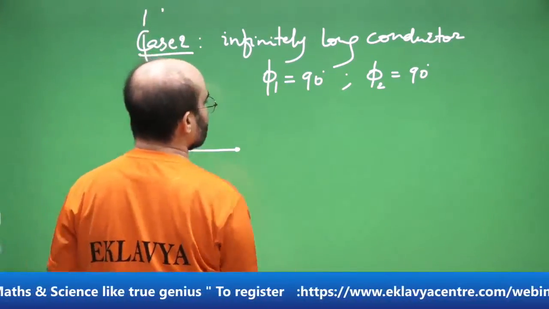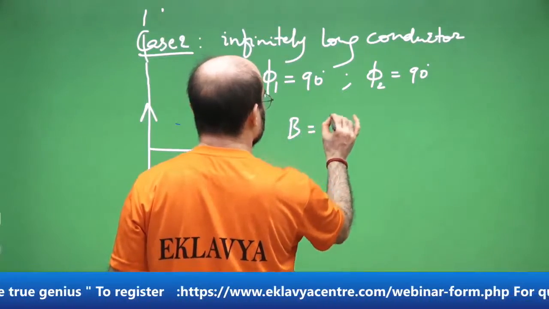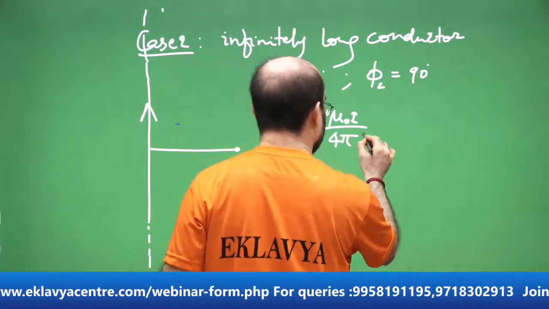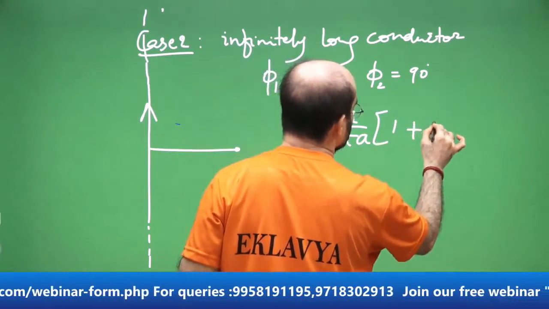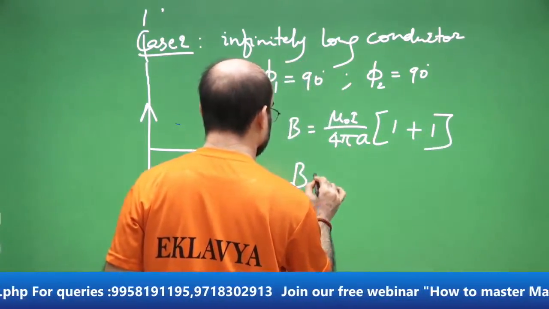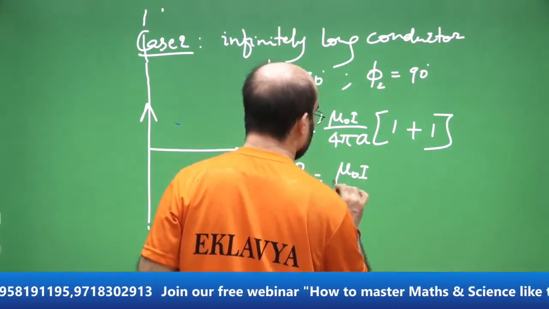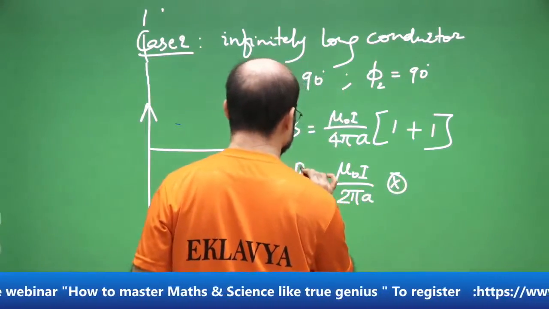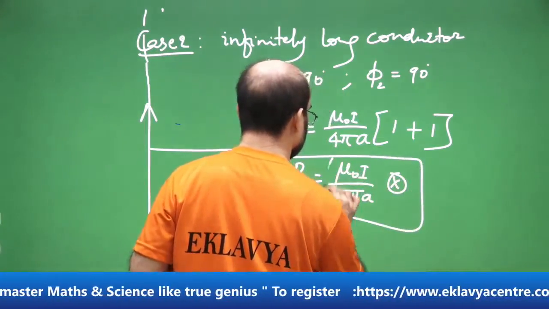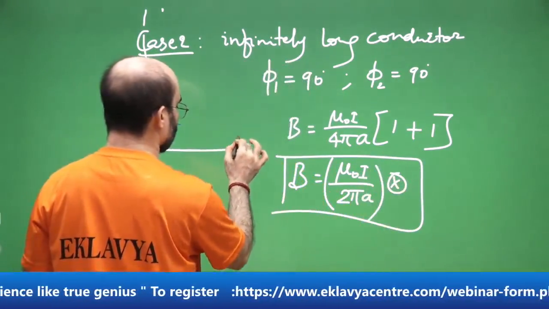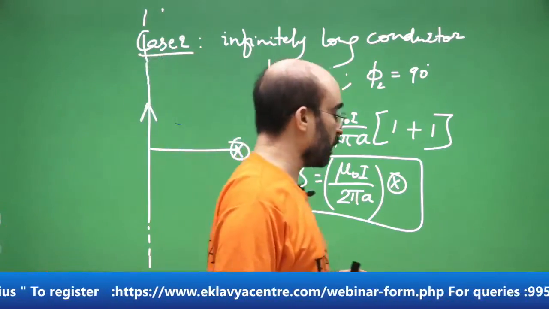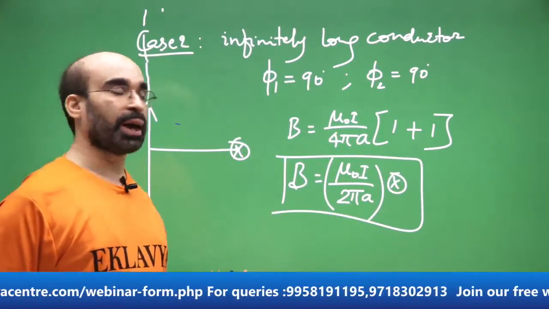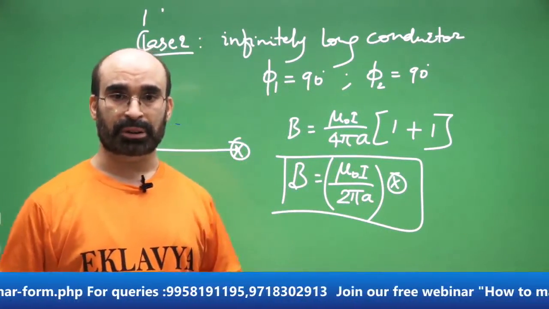So in that scenario, B equals mu naught I by 4 pi A into 1 plus 1, that is B equals mu naught I by 2 pi A, and again here it is into the page. The direction will be into the page. So this was the basic idea behind this. Two results, although we have done.